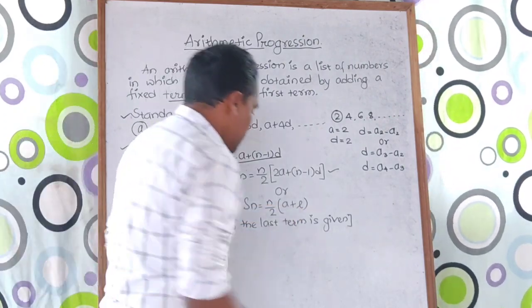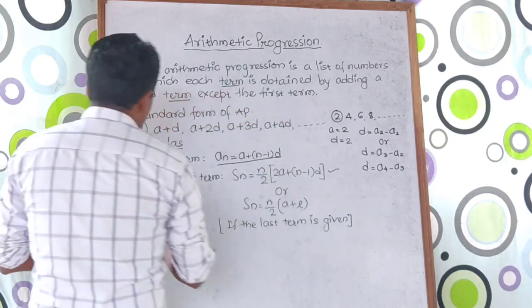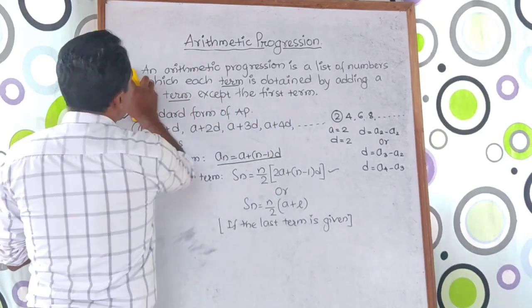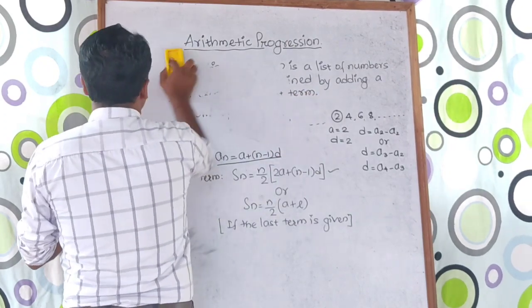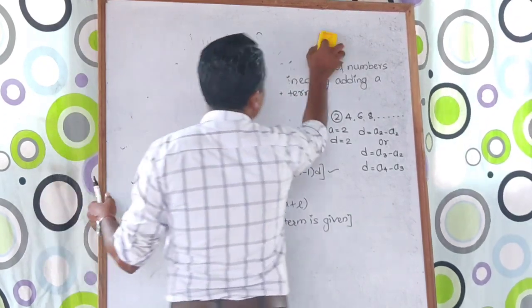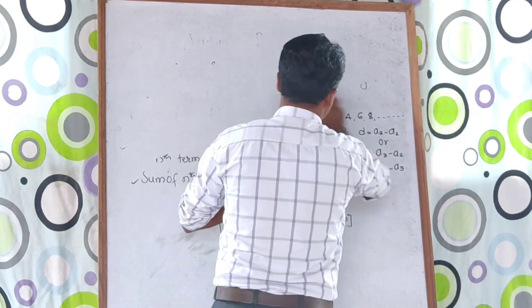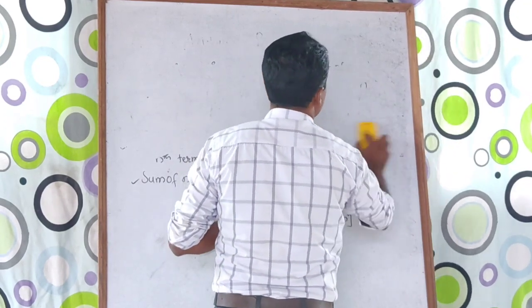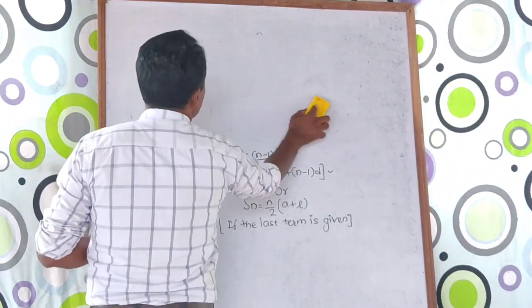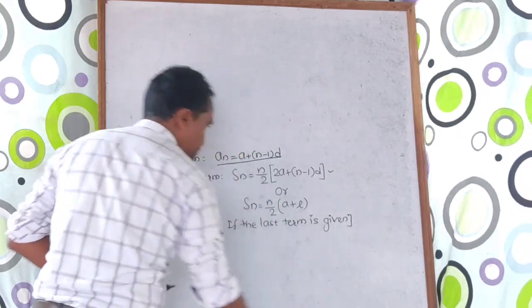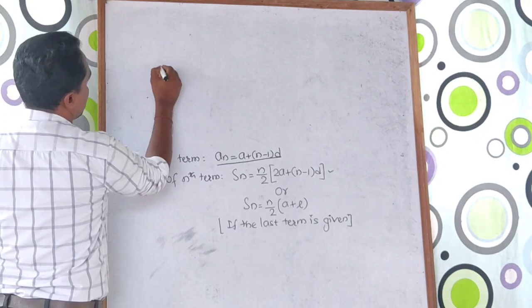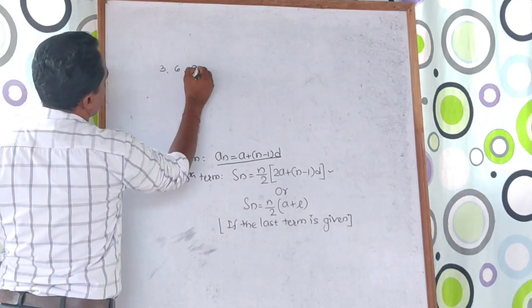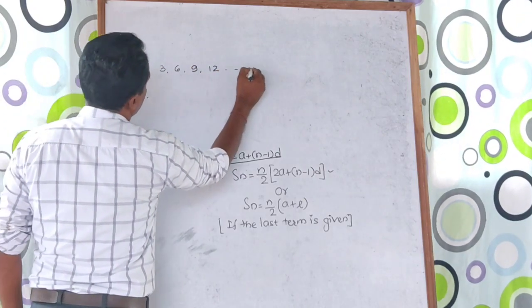So now before we go further, let me show a few interesting facts. The example is here like 3, 6, 9, 12.